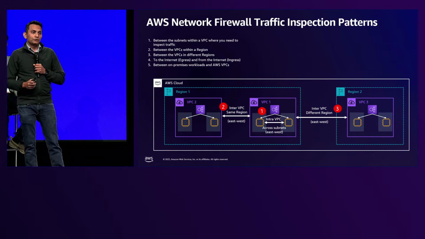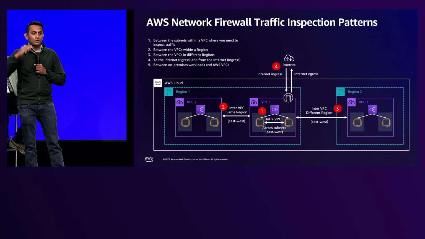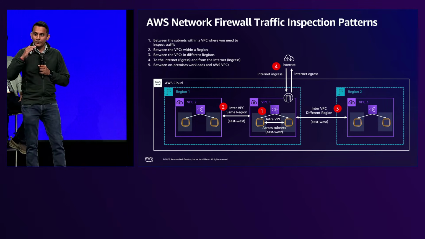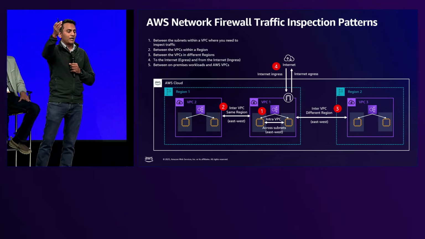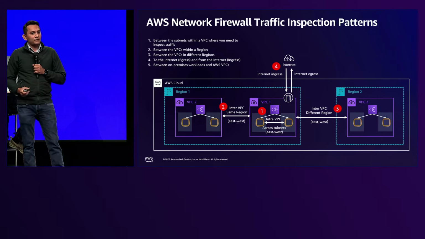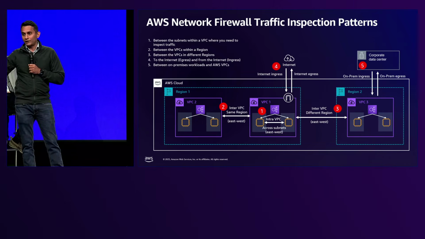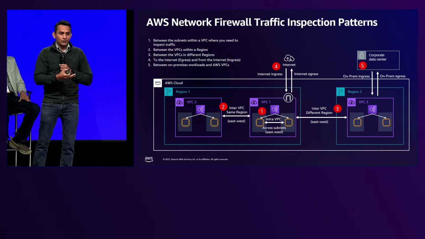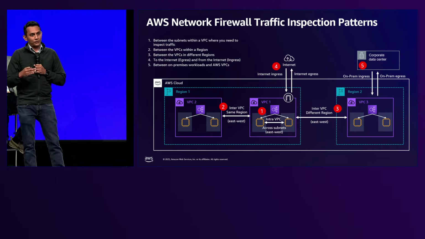You can also use firewall to monitor north-south traffic, so any traffic going out to the internet or coming from the internet to your workloads. And finally, if you have resources that are sitting on premises and need to talk to your cloud workloads, you can inspect this traffic using network firewall as well. For example, traffic that is coming over a Direct Connect link.